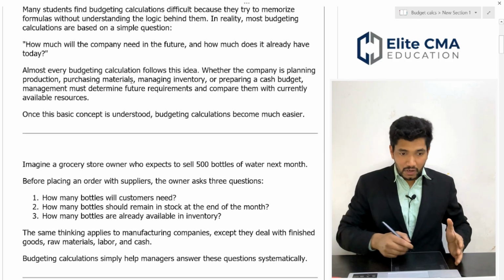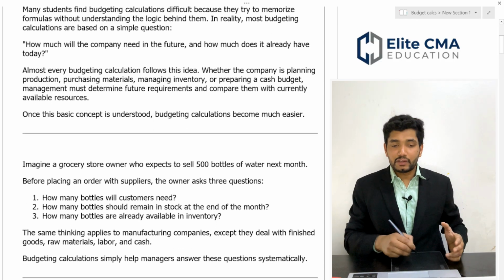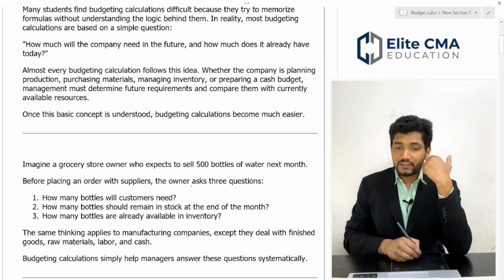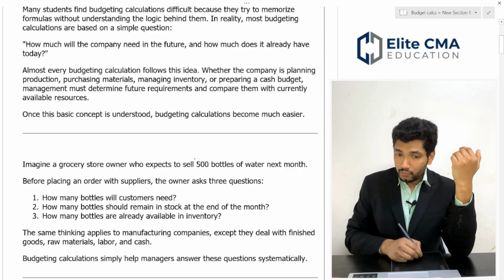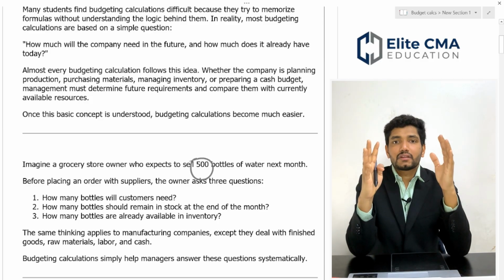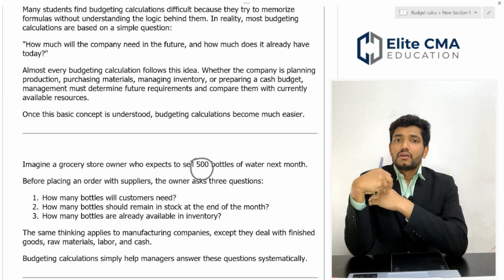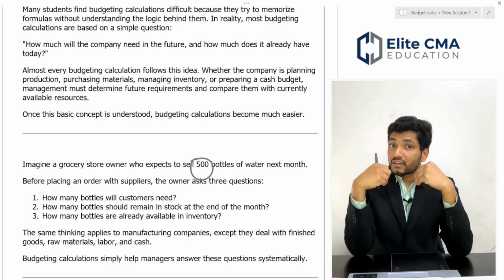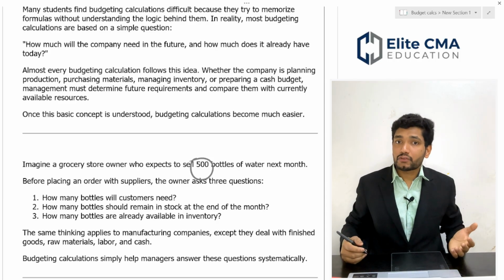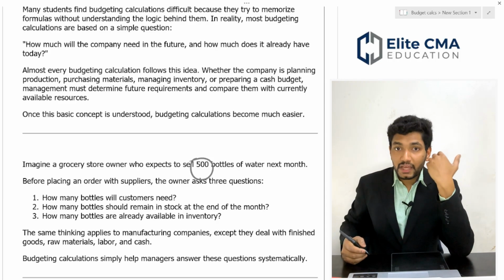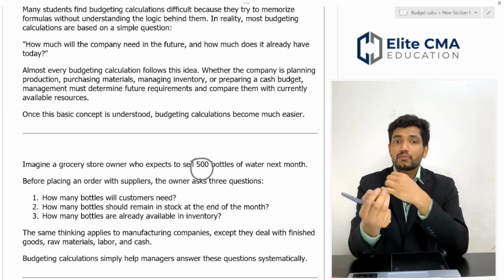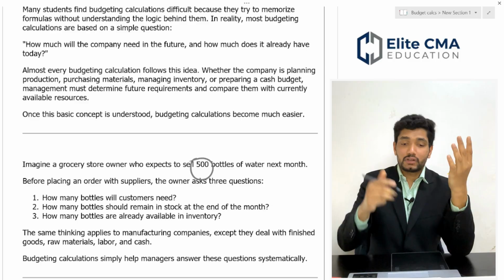Let's start with a small example. Imagine a grocery store owner who expects to sell 500 bottles of water next week. This is the scenario, this is a sales forecast. He wants to place an order with suppliers. Before placing that order, he wants to consider the existing stock.